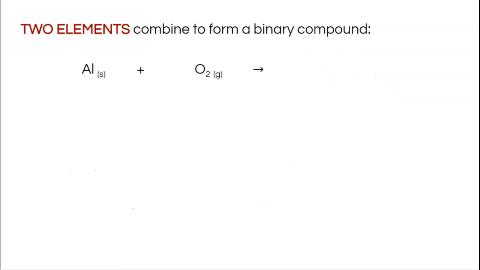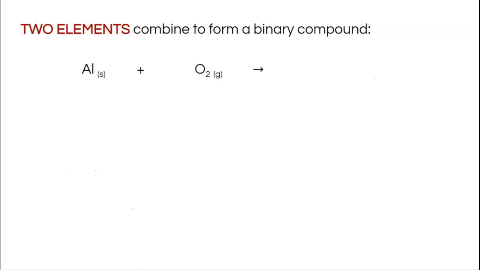So we're going to have to remember the most common ionic charges for each of these elements in order to know how they will combine to form a compound and in what proportion. So I know that when aluminum joins oxygen, aluminum being a metal and oxygen being a nonmetal, that they're going to combine to form an ionic compound, right? And so in an ionic compound, these atoms suddenly become ions.